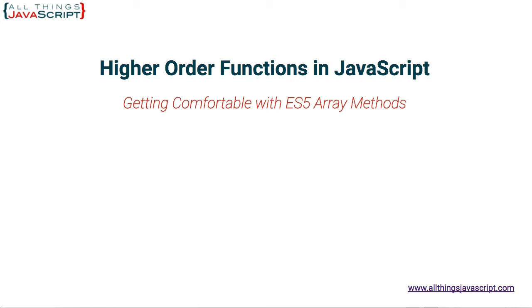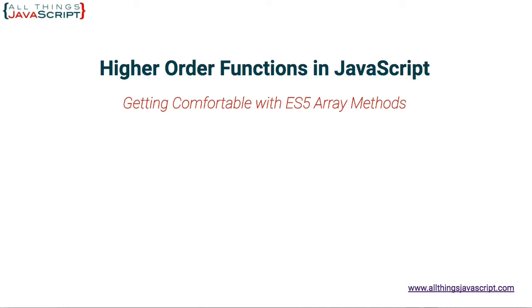They don't understand them completely, and so therefore they don't use them. We tend to use the for loop to accomplish everything we need to with an array. These methods are quite powerful, and so I want to spend this movie just introducing and helping to get comfortable with some of these methods.